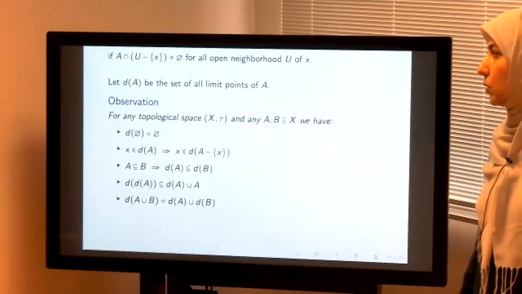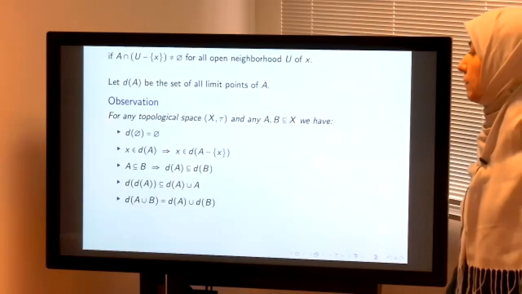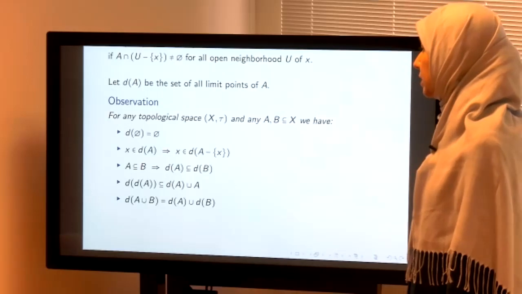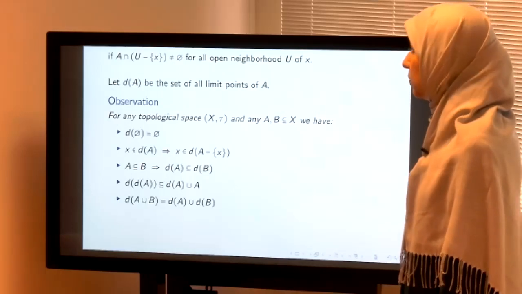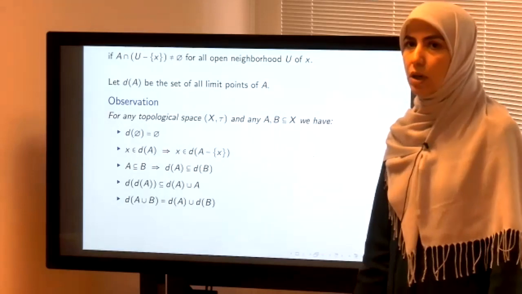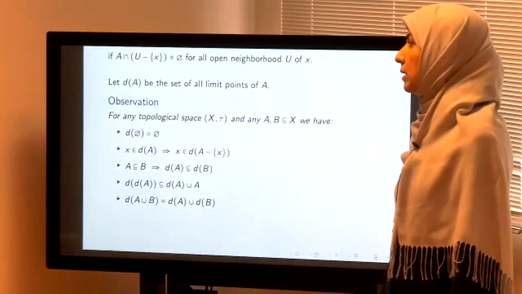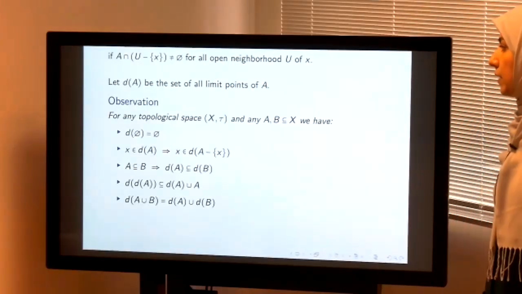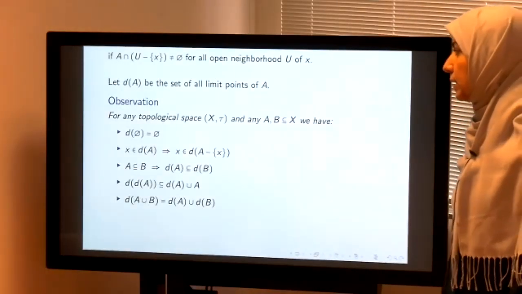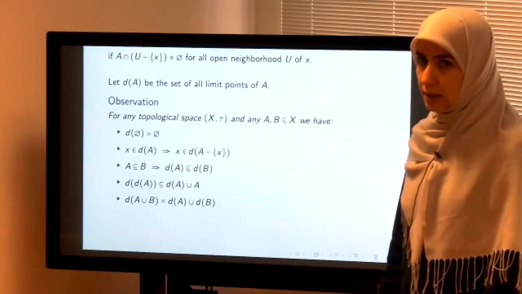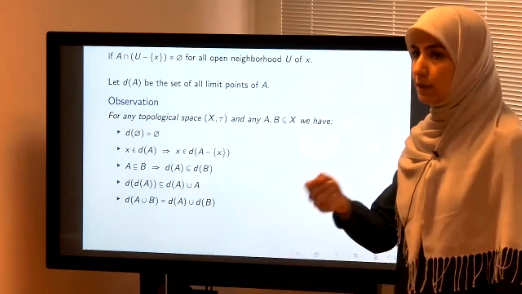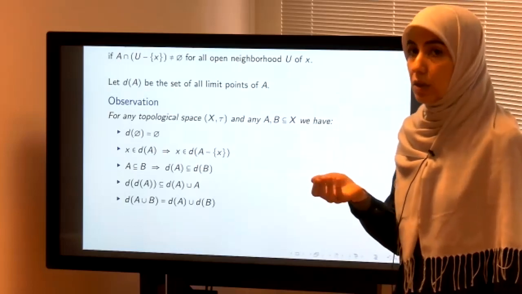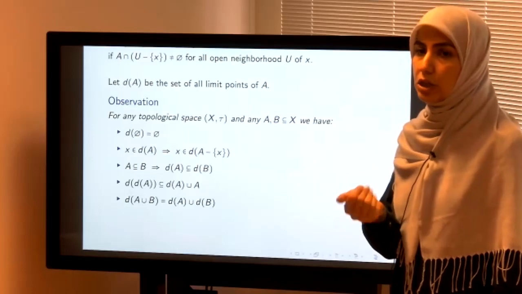As an observation, we can easily show that if X with tau is a topological space and A and B are subsets of X, then we have these properties for the derivative operator. The set of limit points of the empty set is empty. If x is a limit point of A, then x is a limit point of A minus x, because as we said in the definition, there should be some point not equal to x in each of its neighborhoods.